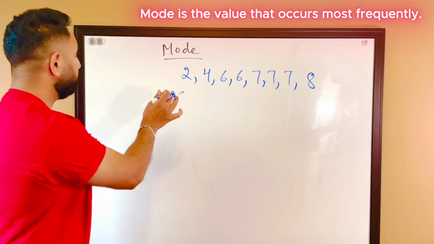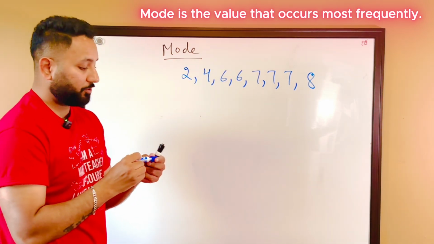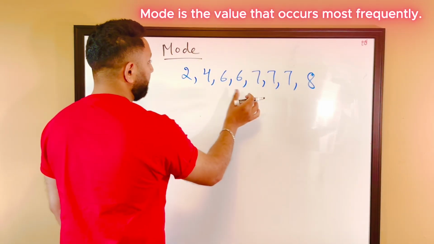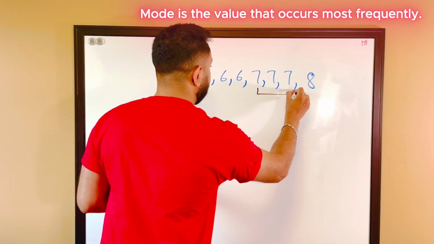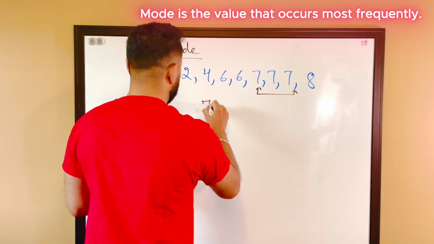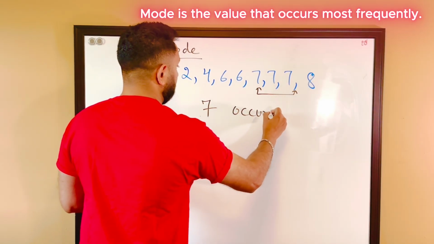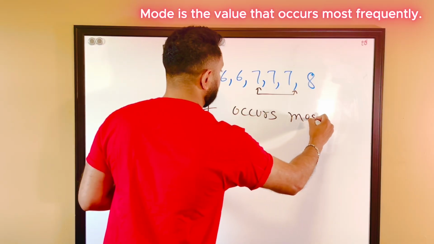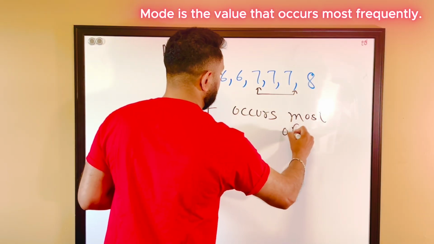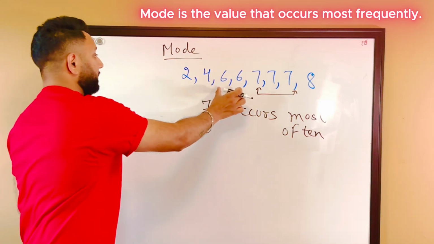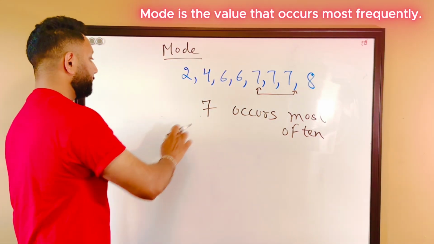So as mode is the number that occurs most often in the data set, here we can see that 7 is the number that occurs most often. So that means the mode of this data set is 7.